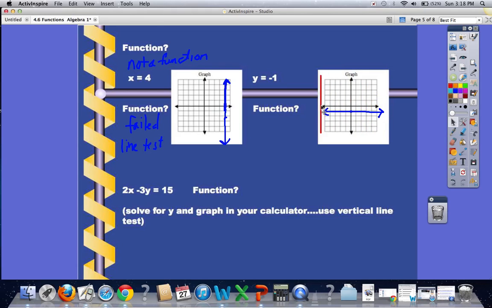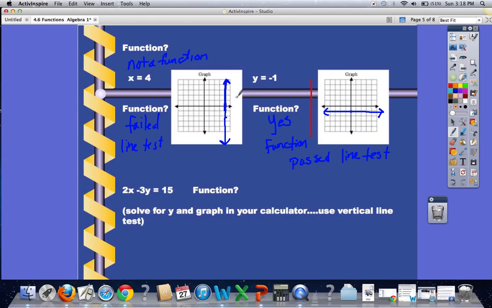This one passed my vertical line test, so this is a function. So a y equals with no x value will pass the vertical line test. But an x equals with no y in the equation will never pass. And then you can check the other ones with this too.